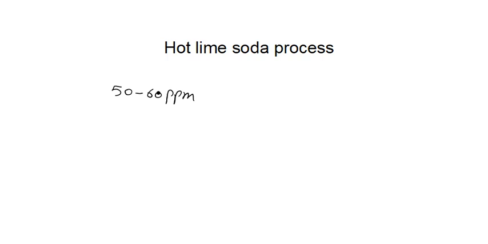Therefore, the total residual hardness in case of hot lime soda process is in the range of around 15 to 30 ppm. So this is for cold and this is for hot. The residual hardness in hot lime soda process is better.